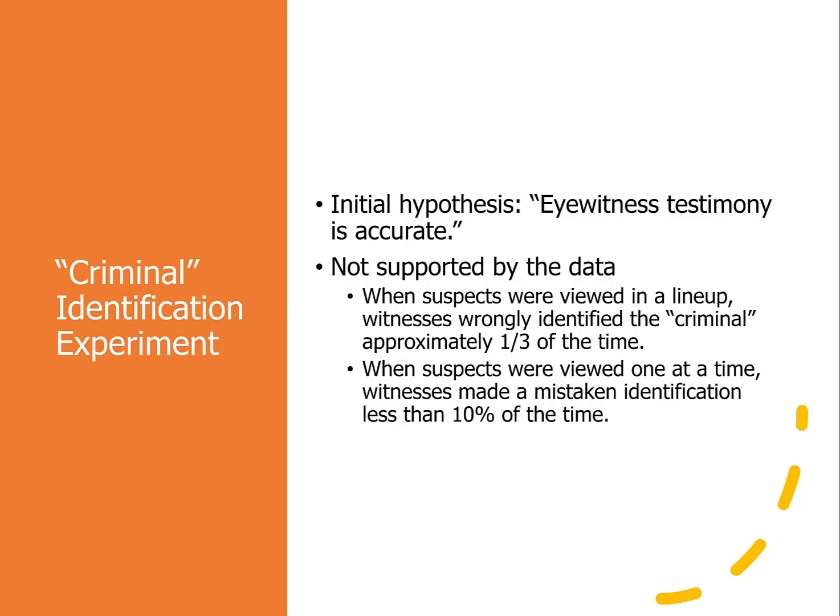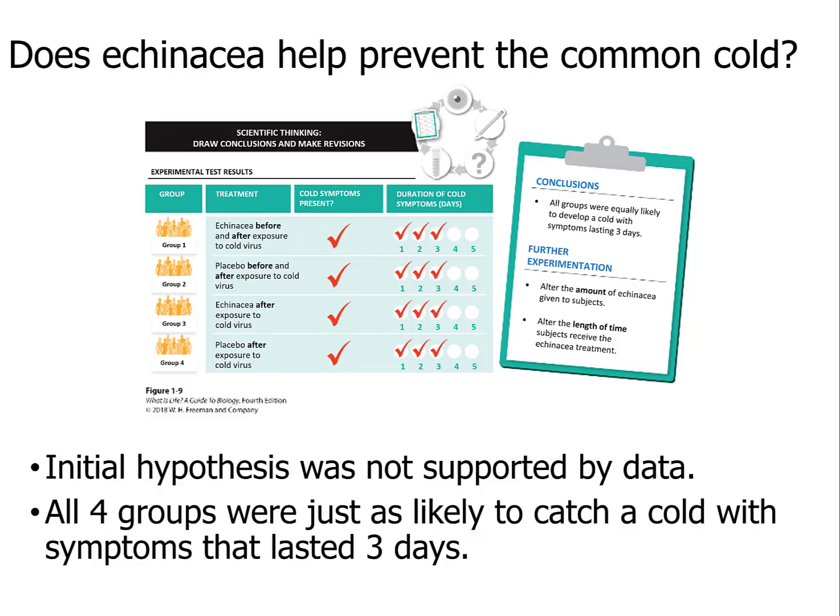When suspects were viewed in a lineup, witnesses wrongly identified the criminal about 33% of the time. When suspects were viewed one at a time, witnesses made a mistaken identification less than 10% of the time. So eyewitnesses aren't the best reliability.